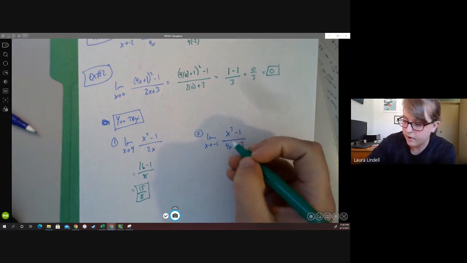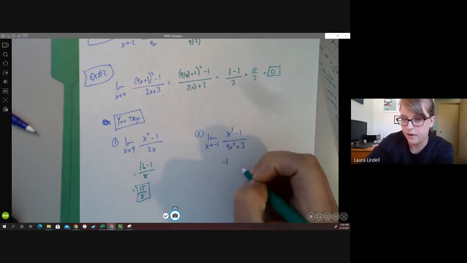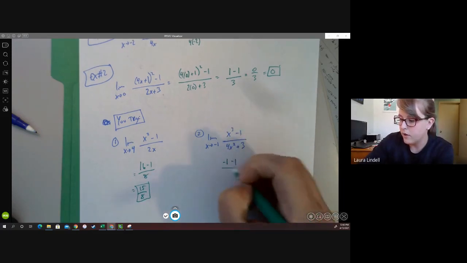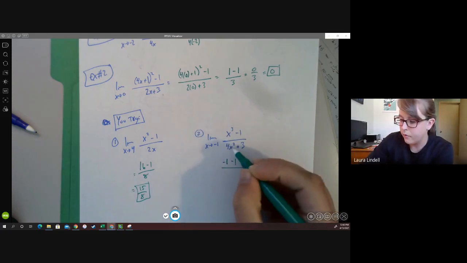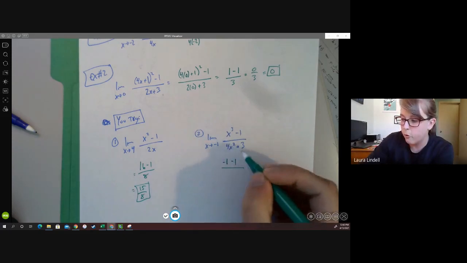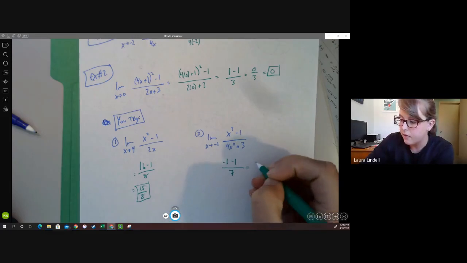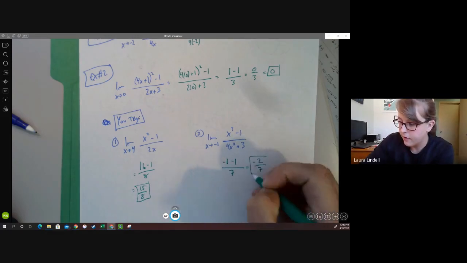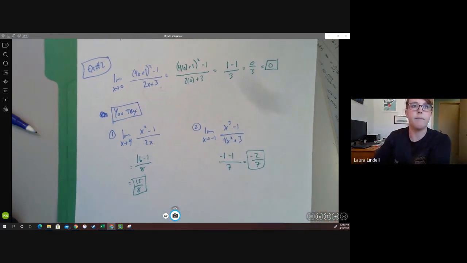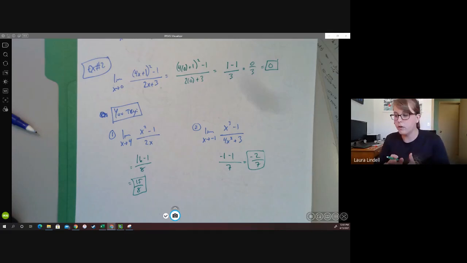Here's how we get there. -1 cubed is -1, so -1 on top. Then -1 squared is +1, so we get 4 plus 3, which is 7. So here we get -2/7.